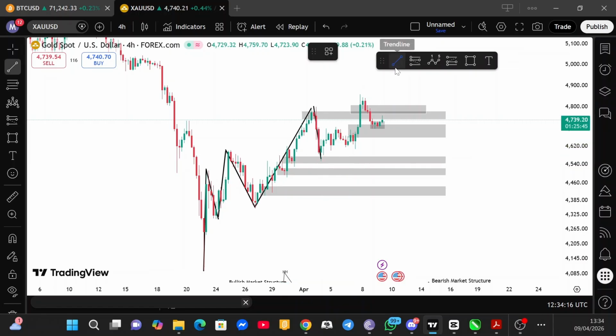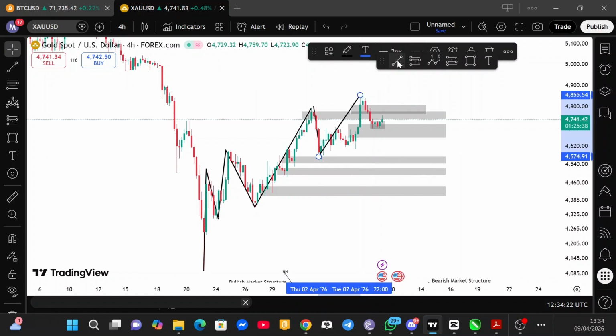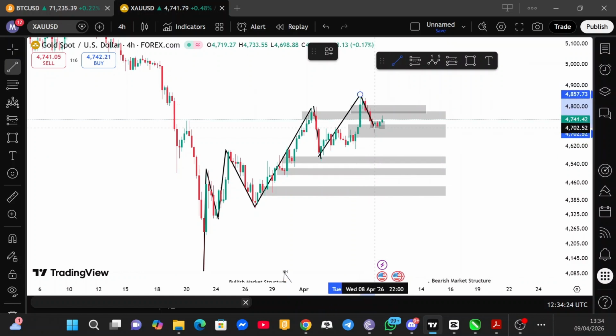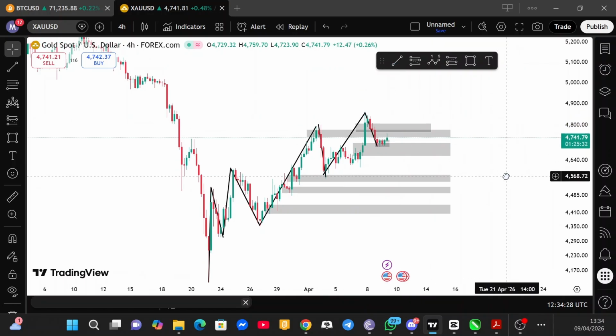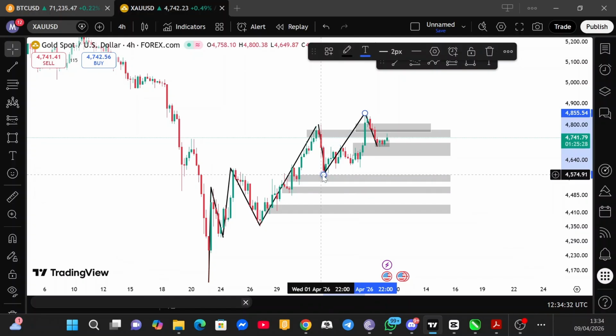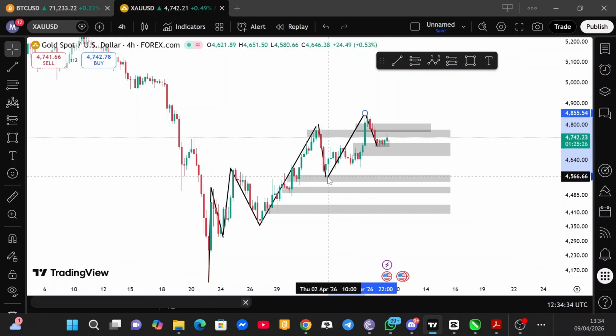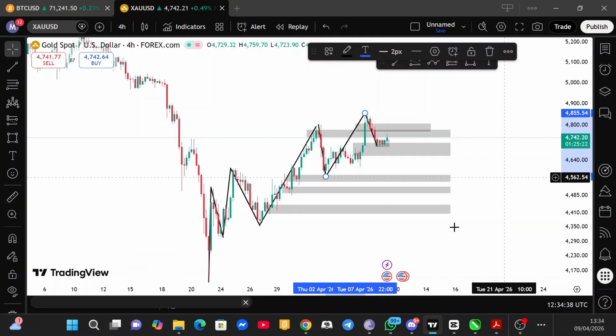Now we see the market also push up to this point here and then pushing down to this point at the moment. Now we can clearly see that the market currently is in what we call a bullish trend. So this is a clear example of a bullish trend.